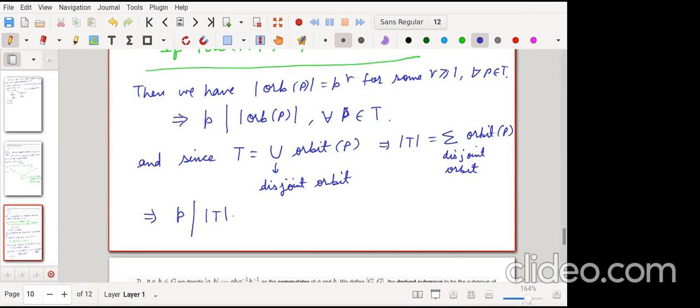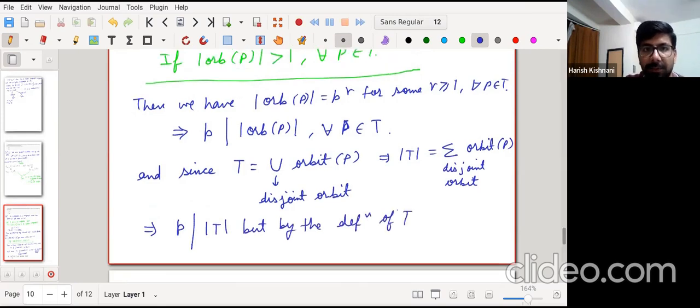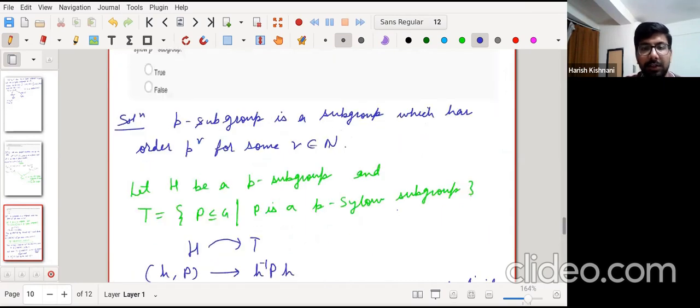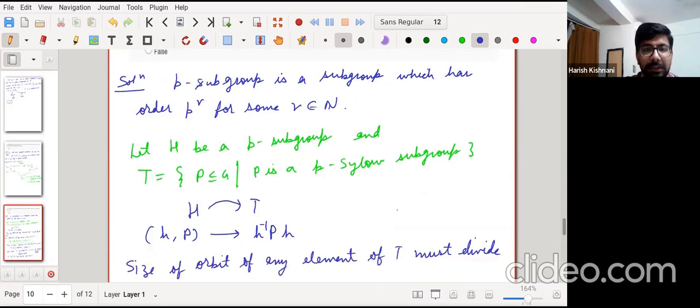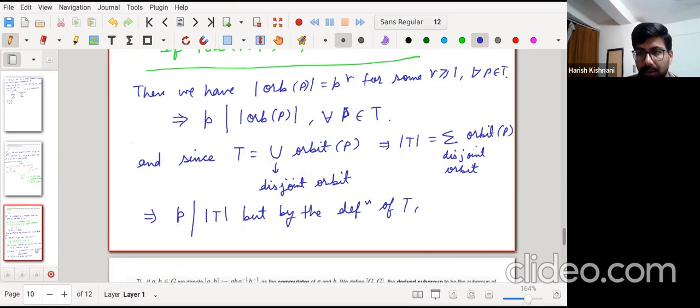But by the definition of T, what was T? T was the set containing all Sylow P subgroups. So by the third theorem of Sylow, the number of Sylow P subgroups is congruent to one mod P. By the definition of T, the order of T has to be congruent to one mod P. So it's a clear contradiction, right?